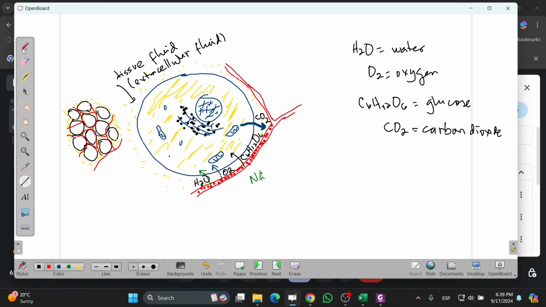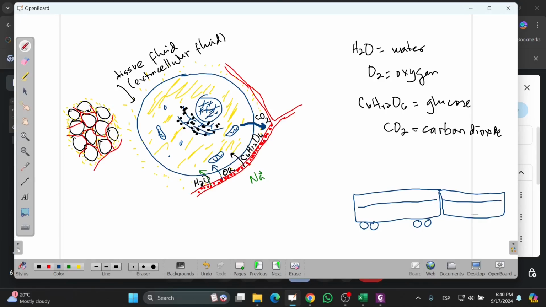I always give an analogy here. Let's say this is a bus or a train that transports people from one station to another, right?